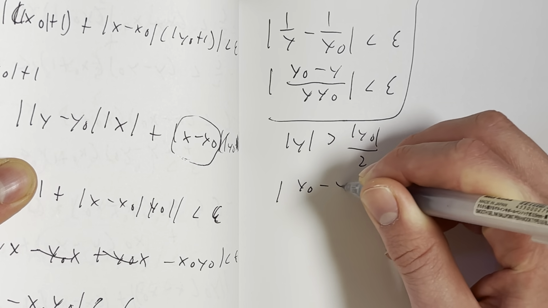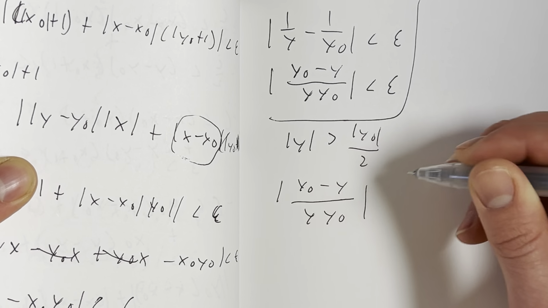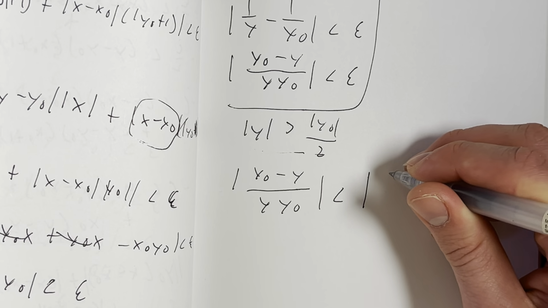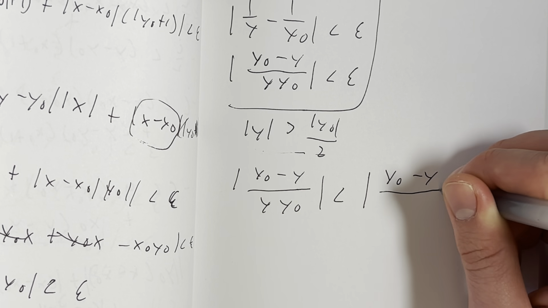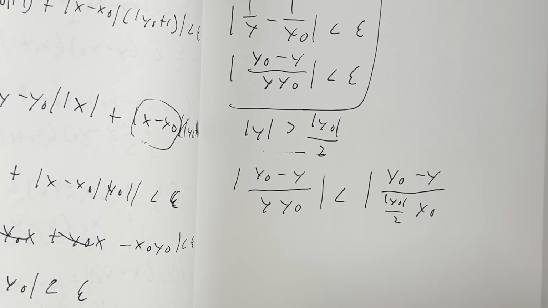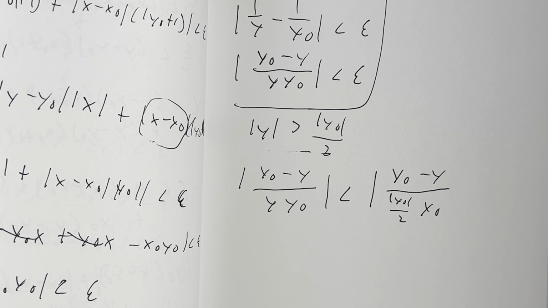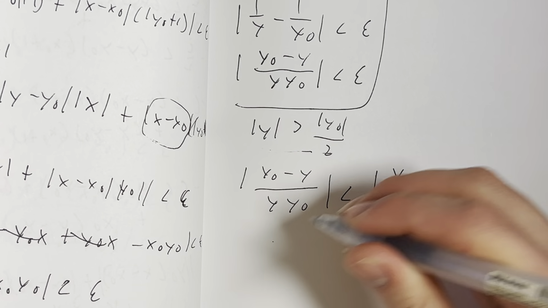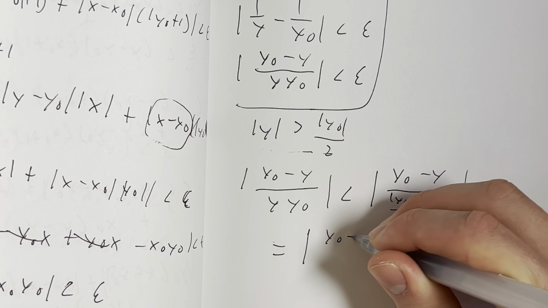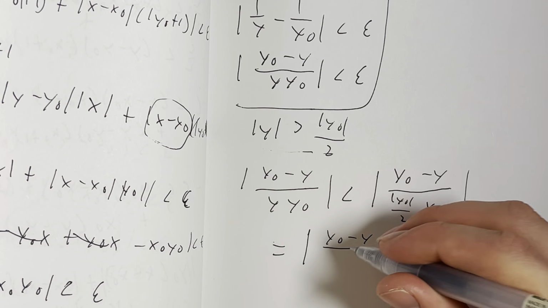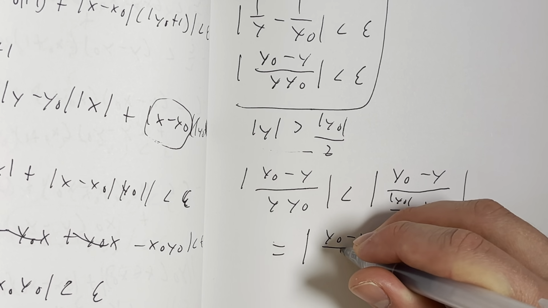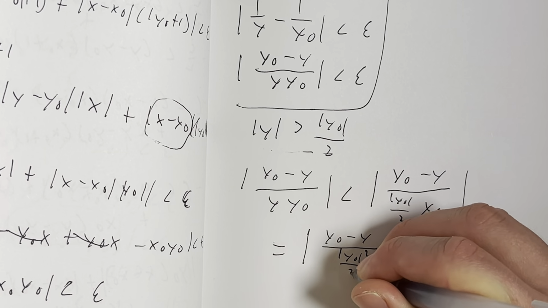We have the absolute value of y0 minus y over y times y0, and we can say that this is less than the absolute value of y0 minus y over absolute value of y0 over 2 times y0, which is equal to the absolute value of y0 minus y over absolute value of y0 squared over 2.